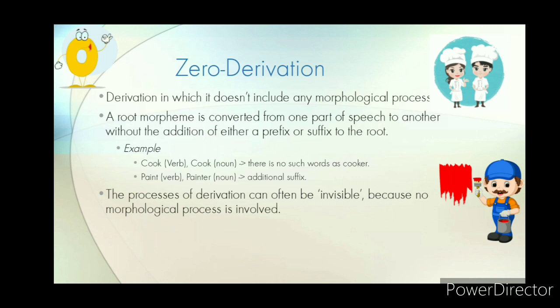So the picture there is the person who cooks. A cook is cooking a cookie. Okay? And then next, for painter, we add a suffix so that paint becomes a noun, the one who does the painting. The process of derivation can often be invisible because no morphological process is involved.